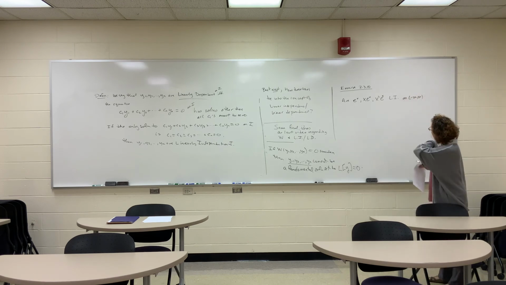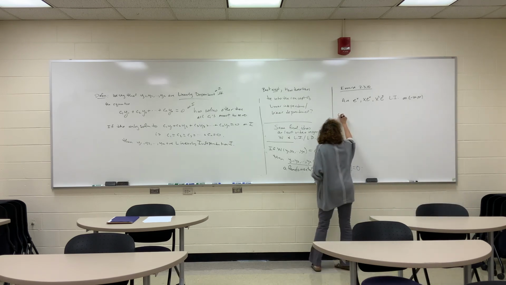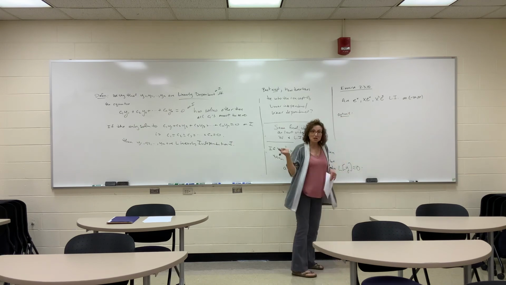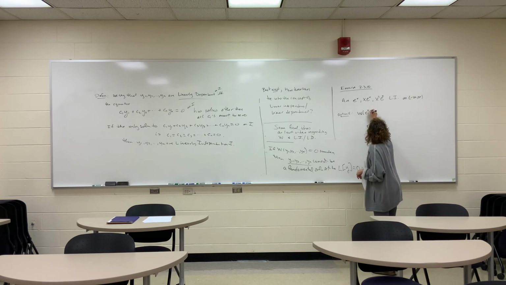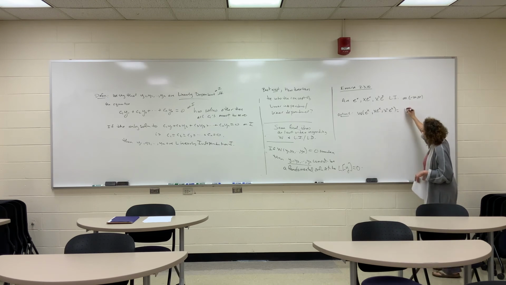All right, so option one, based on what we just talked about, you could compute the Wronskian, right? What would the Wronskian of e to the x, e to the x, and x squared e to the x be? Well, you'd have to know how to take the determinant of a 3x3 matrix. This would be what you would put across the top, y1, y2, y3.